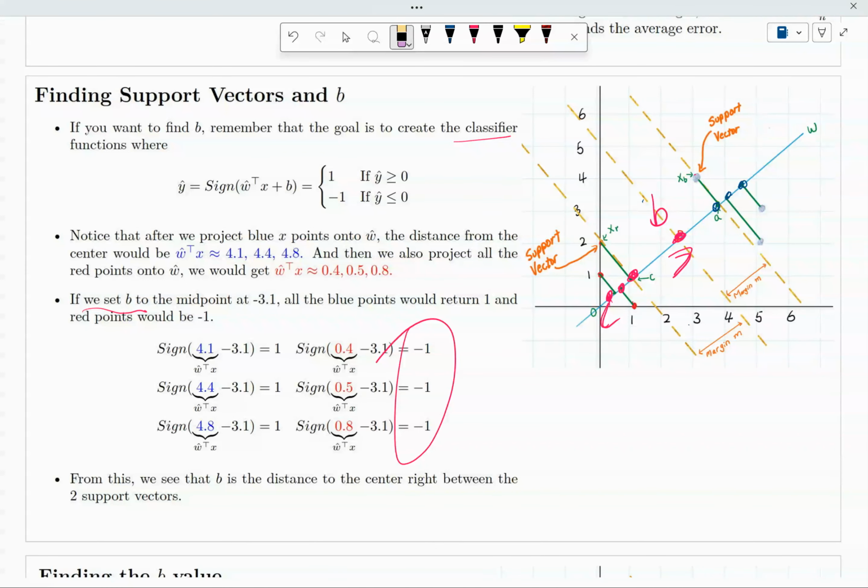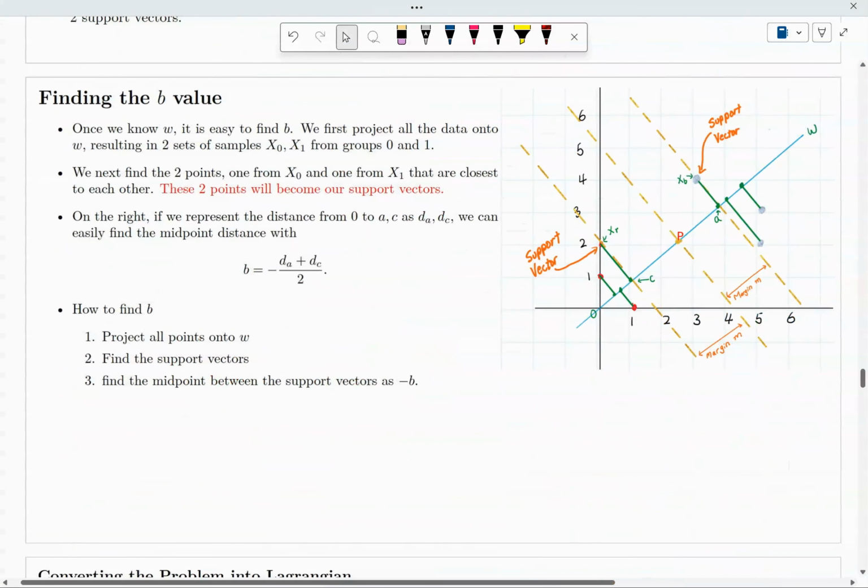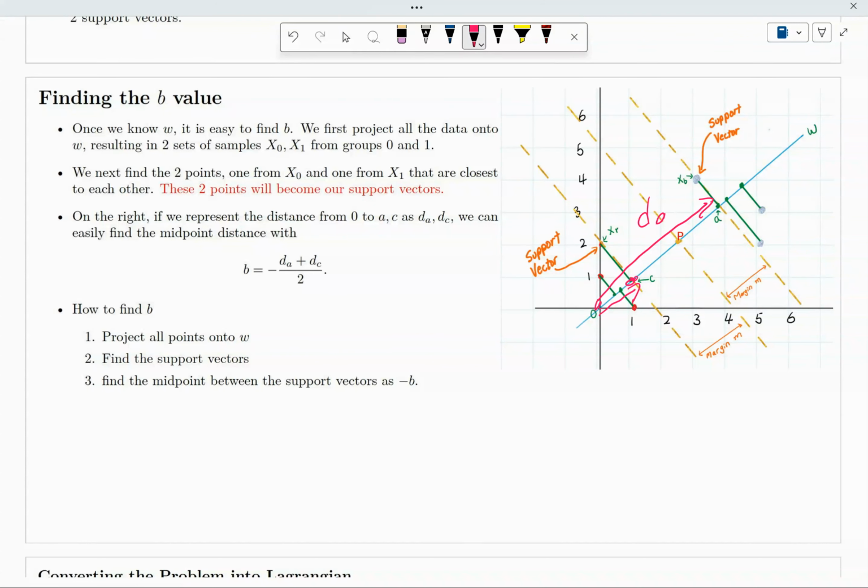So once you know that, it's pretty easy to find b. Basically, with SVM, you would solve it, find the support vectors, and then calculate the midpoint. If you know the distance from here to the support vector, and the distance from here to the other support vector, we'll call these distance A and distance C. So the midpoint is simply distance A plus distance C divided by 2.